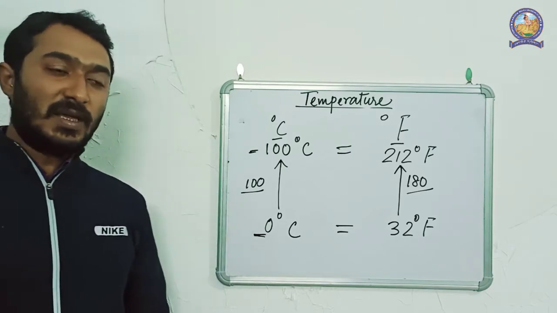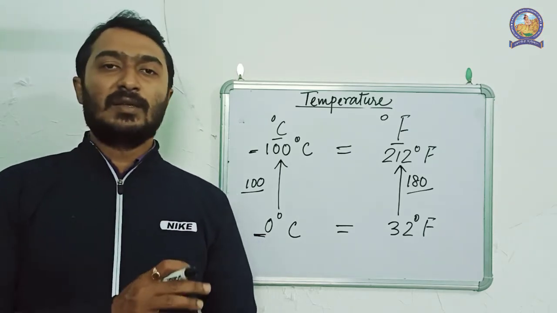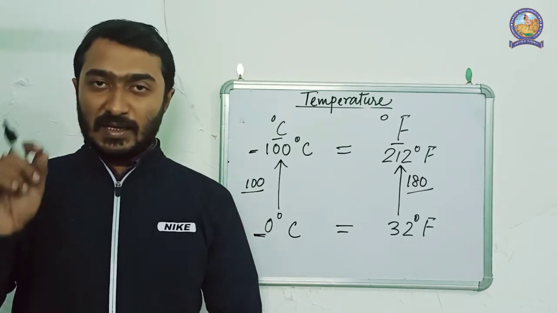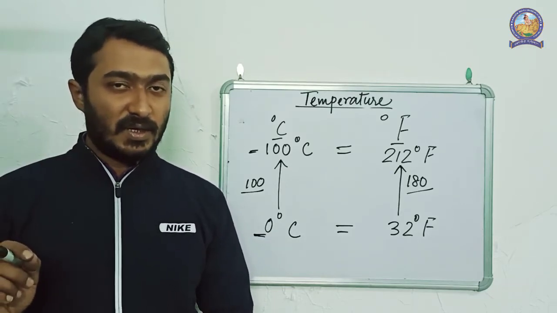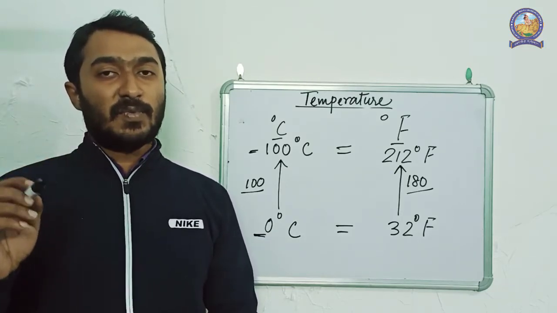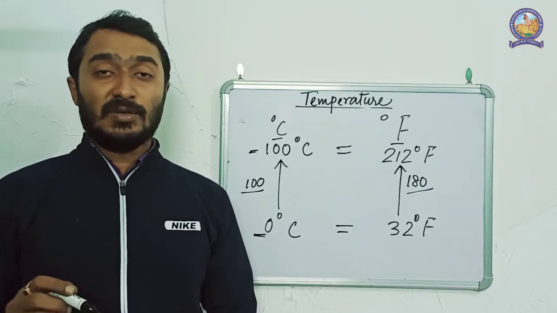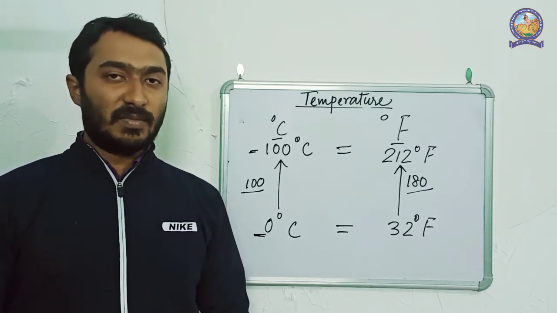There is a mark in the clinical thermometer at 37.4 degrees Celsius, because this is the normal human body temperature.